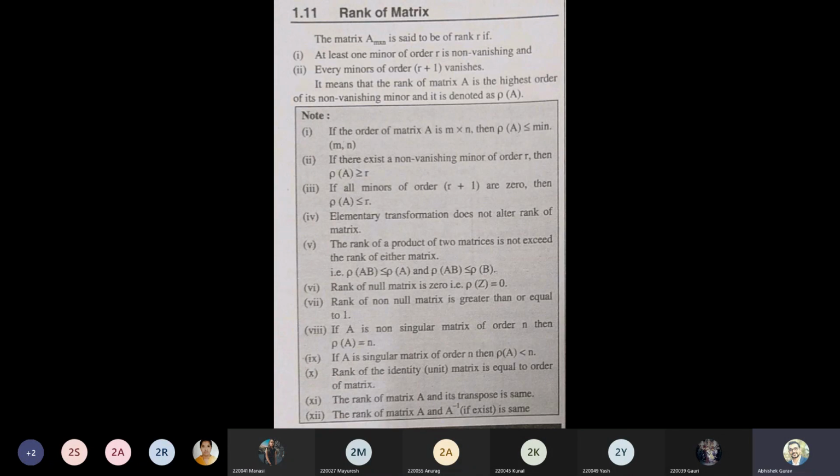The rank of matrix A and A inverse is also the same. These are the basic results based on the rank.